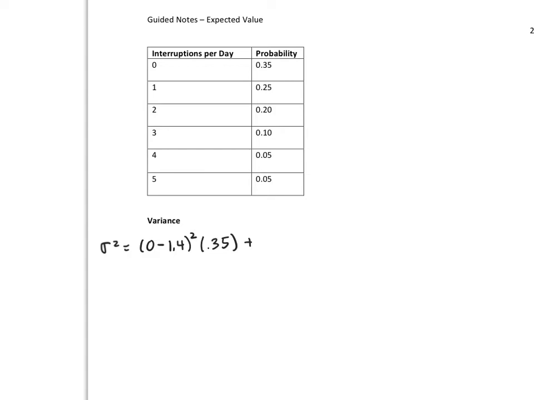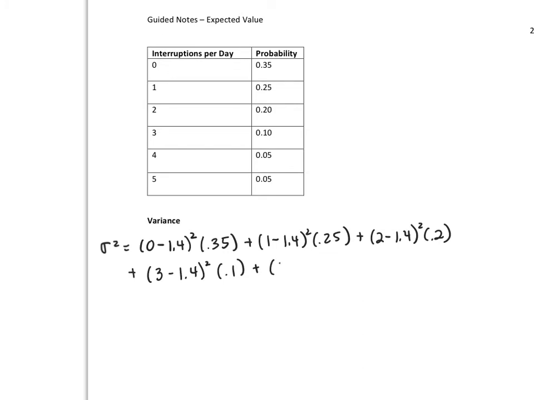Then we go to the next x value, which is 1 minus the mean, squared, times 0.25, plus the next x value, which is 2 minus the mean, squared, times 0.2. Plus the next x value, 3 interruptions minus the mean, squared, times the probability, which is 0.1.